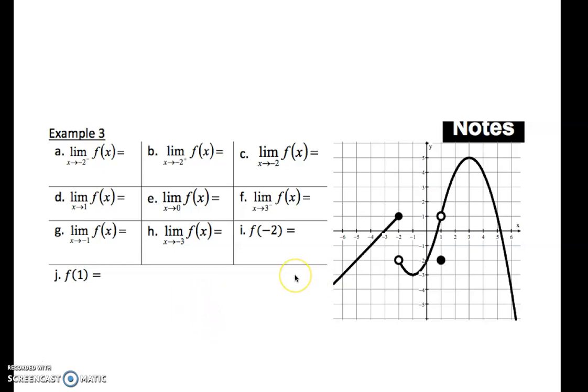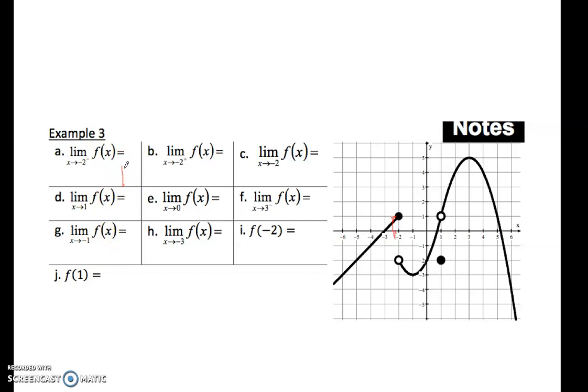So on the left here, it says the limit as x approaches -2 from the left. So I'm going right to -2, a little bit to the left of -2, and I see that that y value is 1.